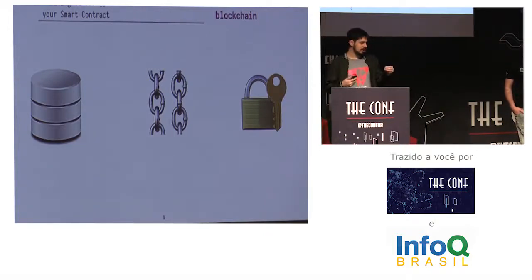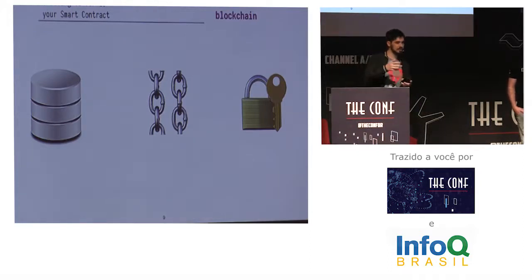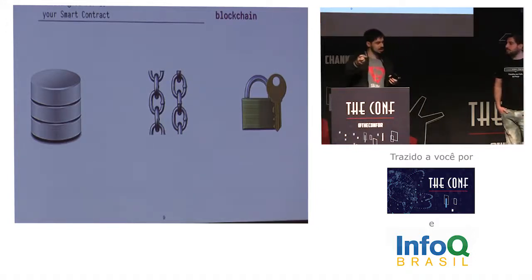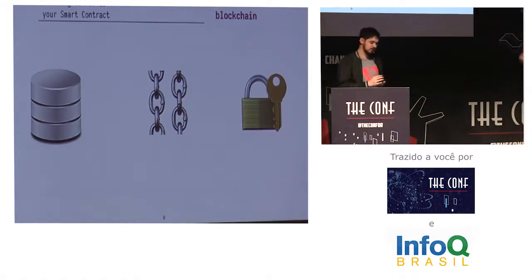So if a lot of people want to write into that database, we have to do a block of several writes. And in order for us to write it, we have to encrypt it. One part of the encryption uses the information from the last block. So the blocks are chained together in order for them to be writable.